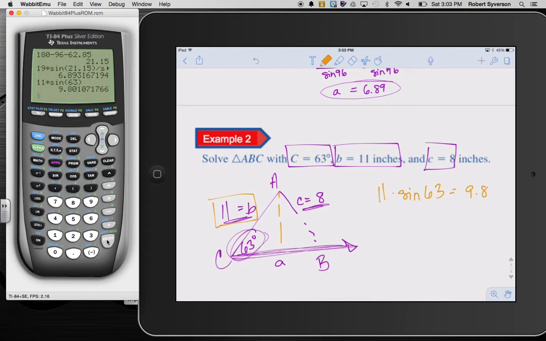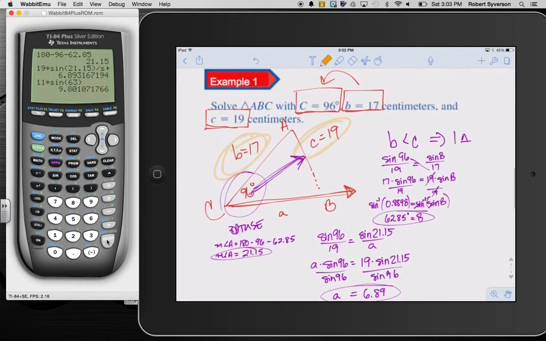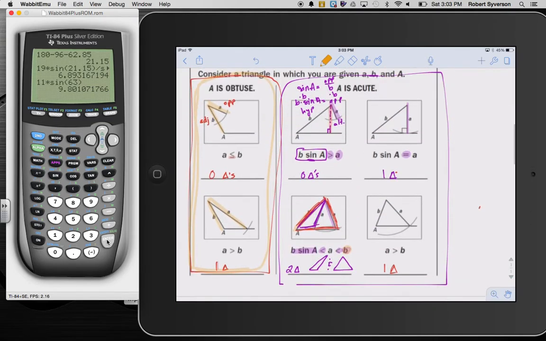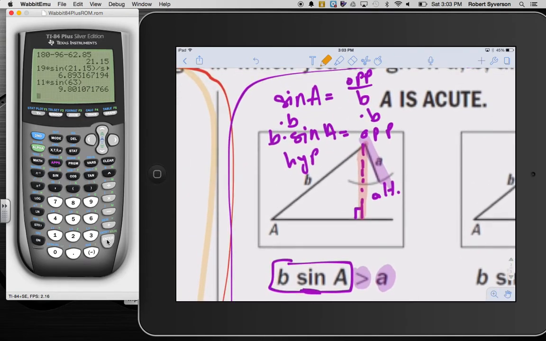All right. So what I notice is that this side opposite is 8. The altitude is 9.8. So my side opposite is less than the altitude. So if I look back here, I have the situation where the side opposite is less than the altitude, which was this situation. So there's no triangle.